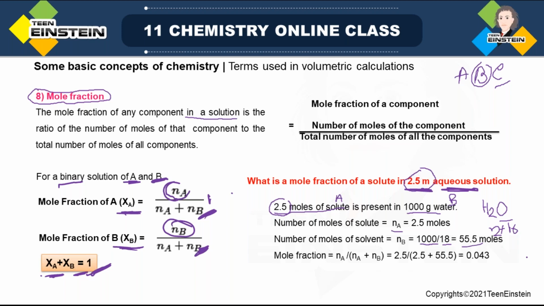So 2.5 moles of A present in 55.5 moles of B, which is water. So if you want to know the mole fraction of the solute, you have to use this formula, Na divided by Na plus Nb. In our case, it is 2.5 divided by 2.5 plus 55.5, and ultimately this is the answer. So the mole fraction of the solute is 0.043.